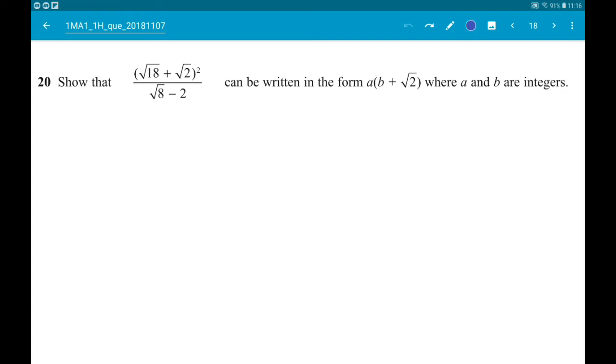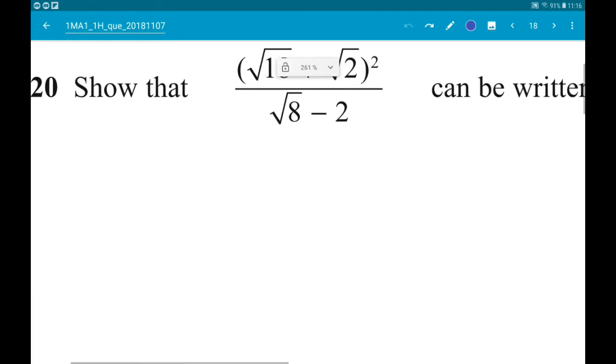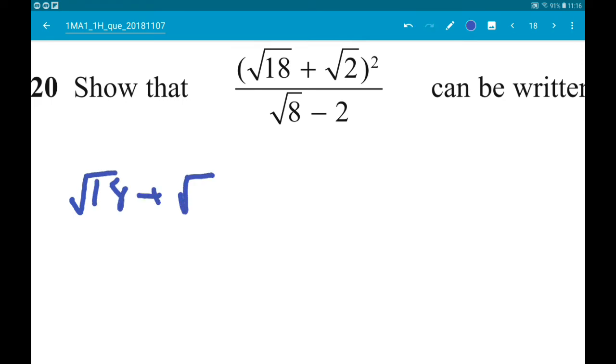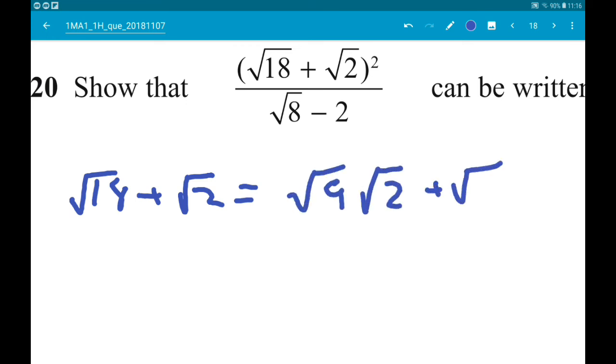So we can certainly simplify root 18 add root 2. Root 18 can be written as root 9 root 2. Root 9 is 3. So we have 3 root 2 and root 2. This is 4 root 2.